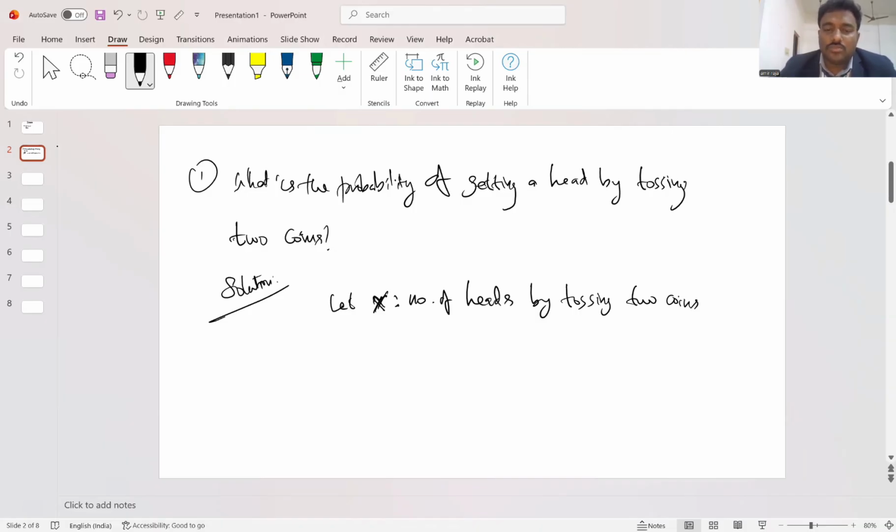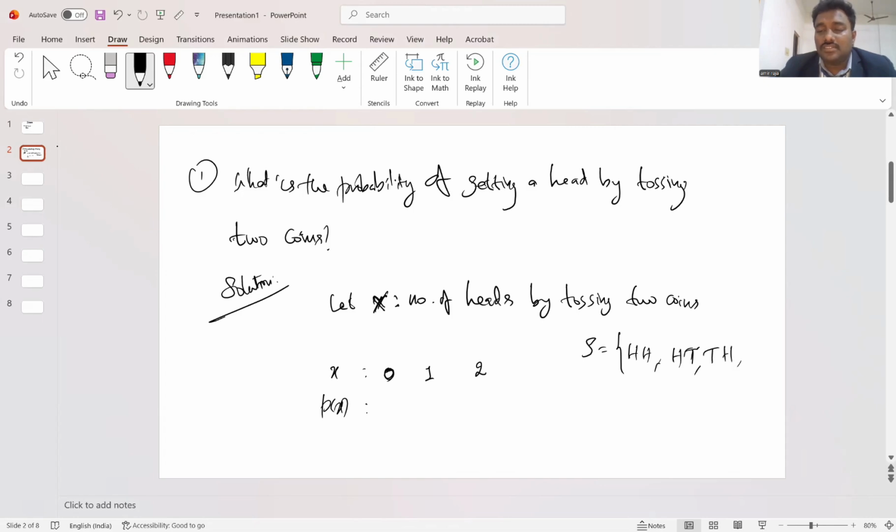So what are all the possible ways? That will be denoted by small x, and the probability also will be noted, right? So we can have the possibility of 0 heads, 1 head, and 2 heads, right? And in how many ways will you get 0 heads? So this is the sample space for this. 2 heads, a head and tail, and order can be changed, right?